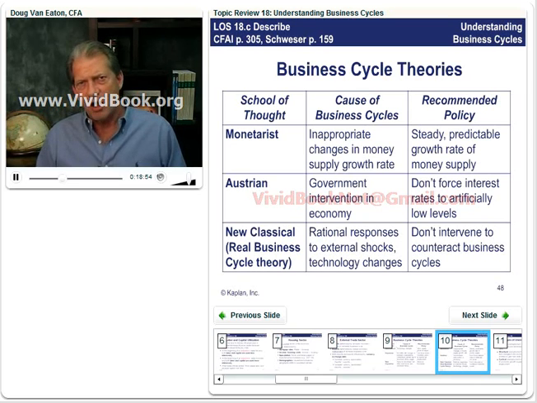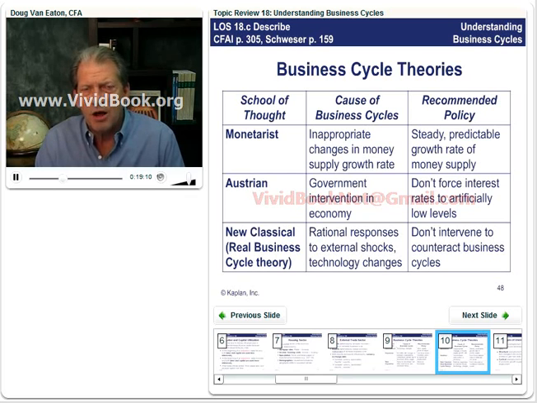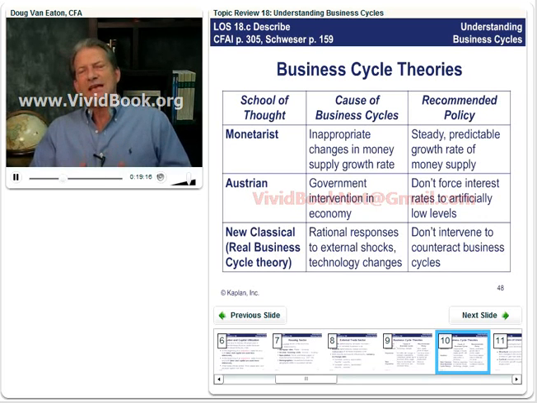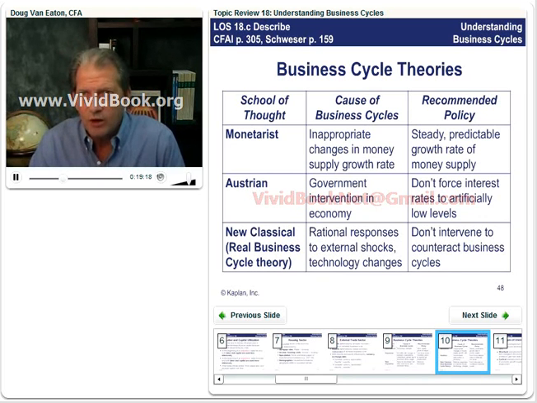Now, the Austrians, I don't want to characterize Austrians, I don't know that many Austrians. But they think the cause of the business cycle is government intervention in the economy. And the recommended policy is don't intervene in the economy. Well, it really brings home what's happened over the last 20 or 30 years.